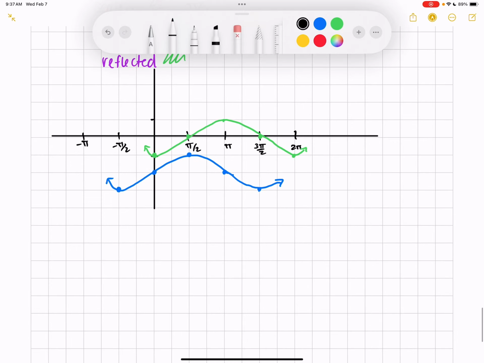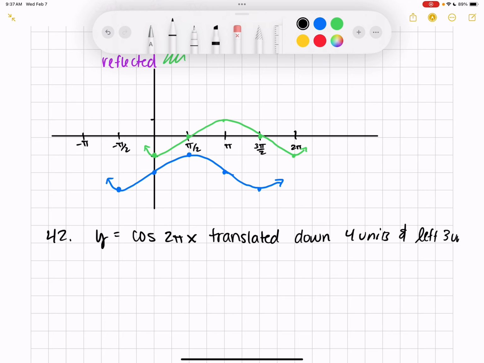So like 42, they say the graph of y equals cosine of 2 pi x translated down 4 units and left 3 units. So I want to write the modified graph. I always start with what I had. So y equals cosine of 2 pi x.